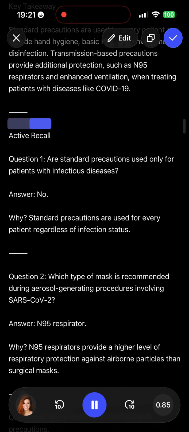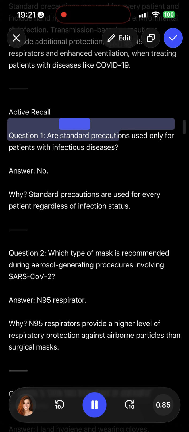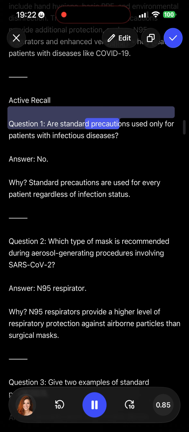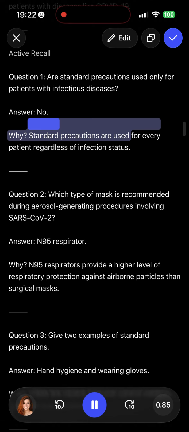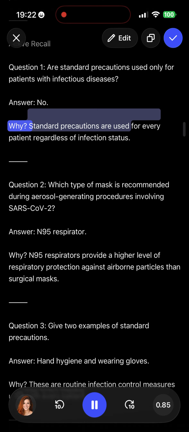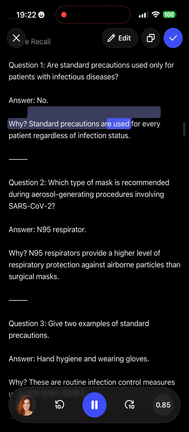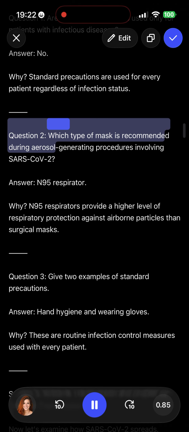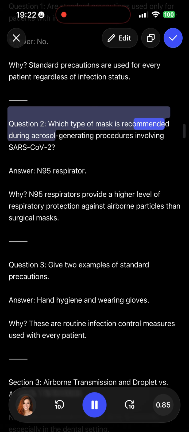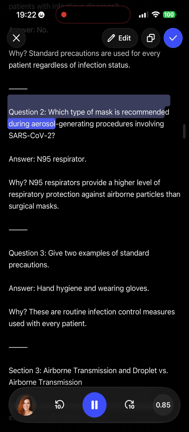Active recall. Question 1. Are standard precautions used only for patients with infectious diseases? Answer: no. Why? Standard precautions are used for every patient regardless of infection status. Question 2. Which type of mask is recommended during aerosol-generating procedures involving SARS-CoV-2?